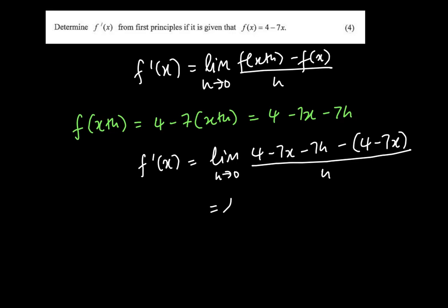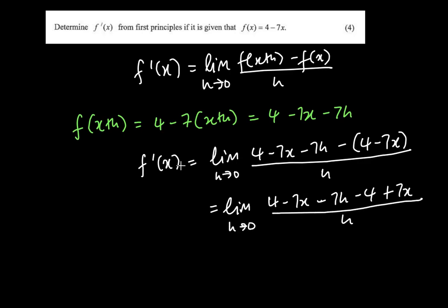So now we're going to have the limit of 4 minus 7x minus 7h, and then minus 4, then plus 7x, all divided by h as h approaches 0. Then what is going to happen there? Negative 7x is going to cancel 7x. 4 minus 4 are going to cancel too. So what are we left with?